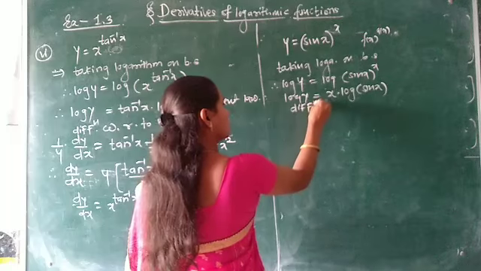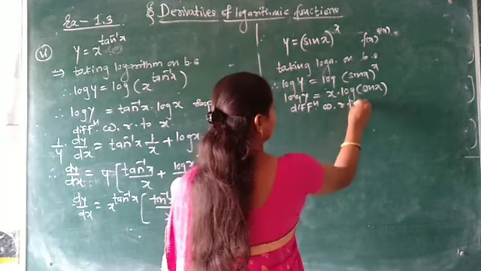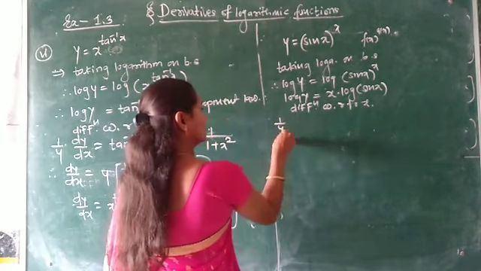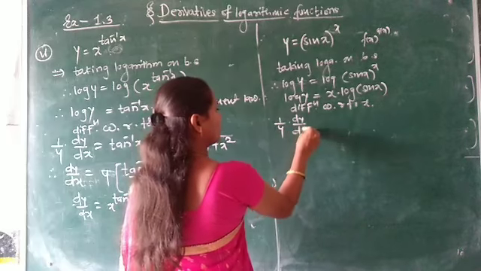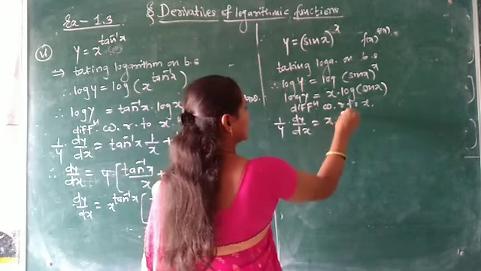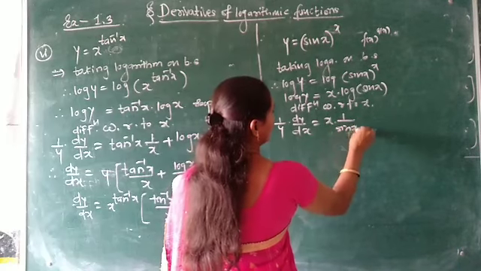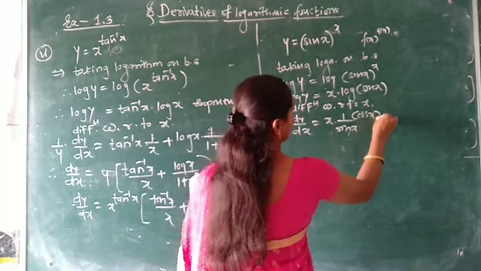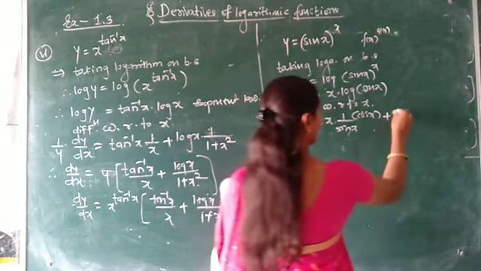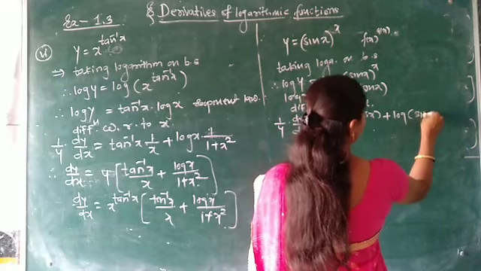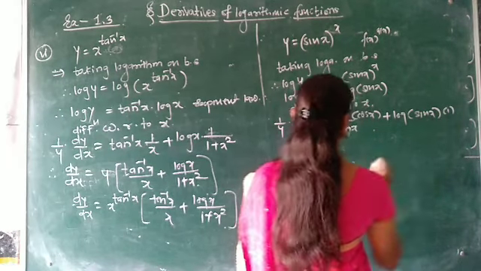Differentiate with respect to x. 1 upon y dy upon dx. Take product rule. x into derivative of this function, that is 1 upon sin x into derivative of sin x is cos x, plus log of sin x as it is into derivative of x is 1.